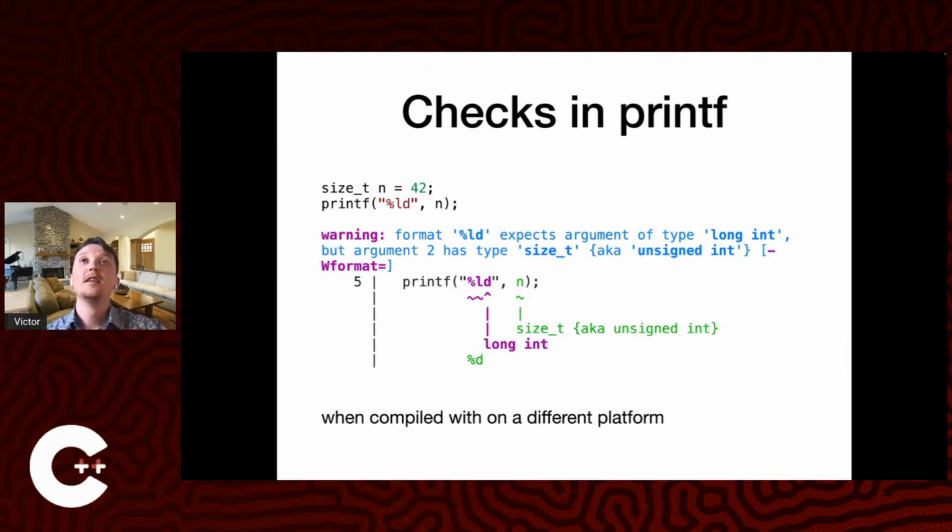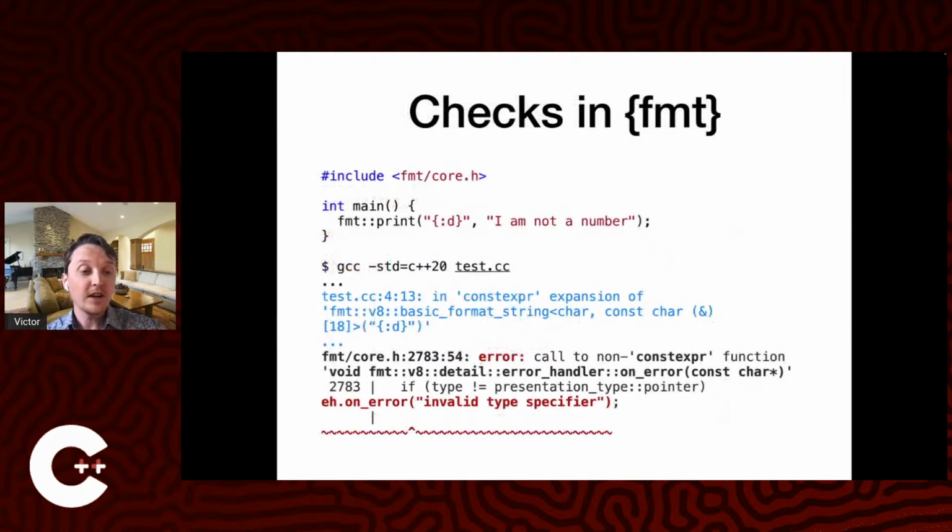It says, oh, hold on, the size_t now is just unsigned, so change it back to %d, which kind of doesn't make sense. So the Q part of QoI, quality of implementation, is very low. Printf checks are lacking, but the idea is pretty solid.